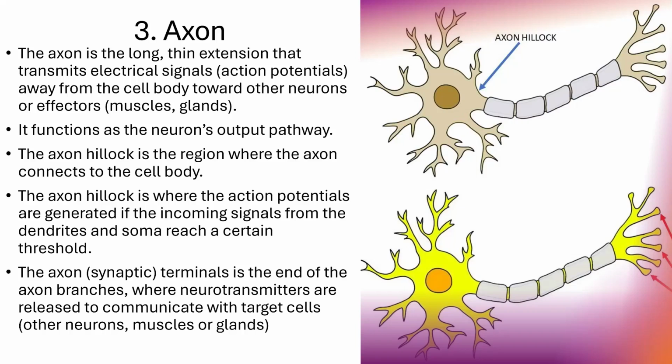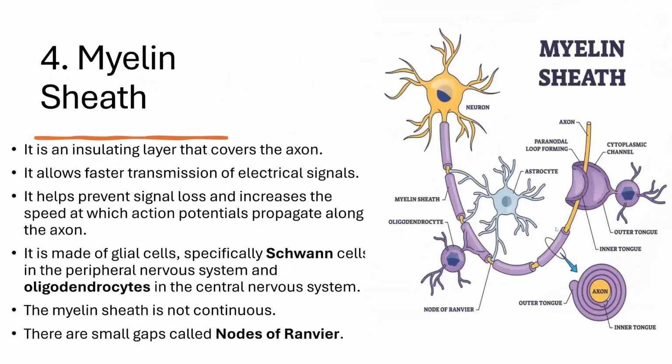Now, the synaptic terminals are the end of the axon branches where neurotransmitters are released to communicate with target cells, which are other neurons, muscles, or glands.